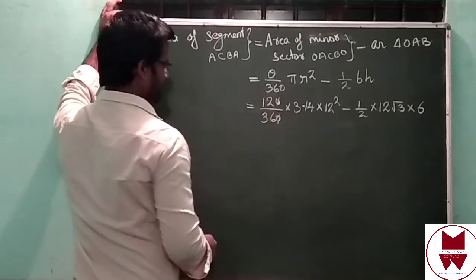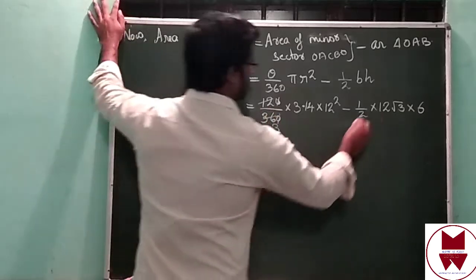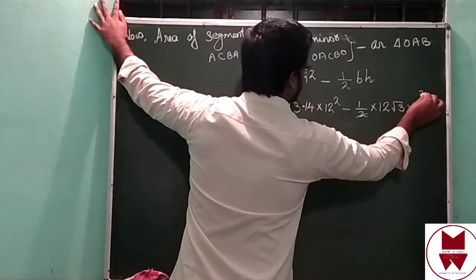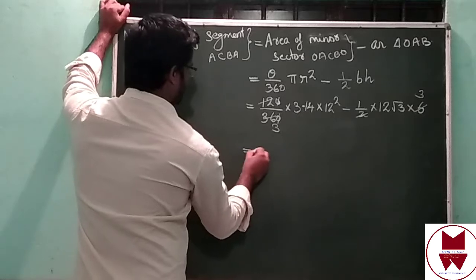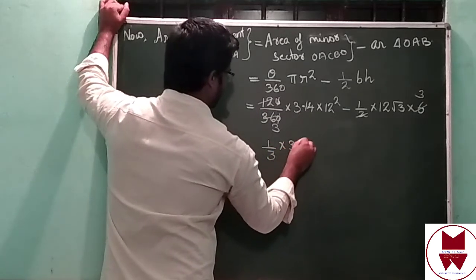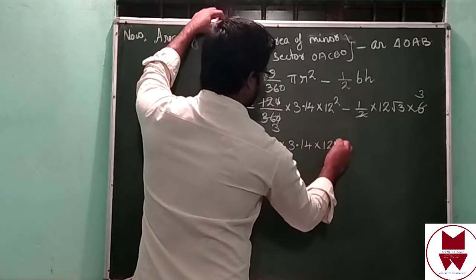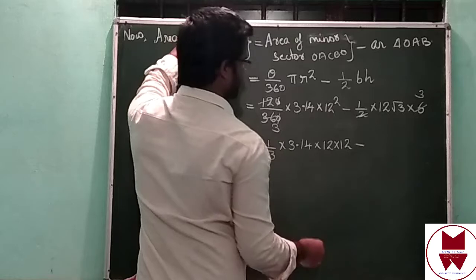Zero and zero cancel, just 3 times. Then 2 and 6, 3 times. Right? Remaining 1 by 3 into 3.14 into 12 square, means 12 into 12, minus.